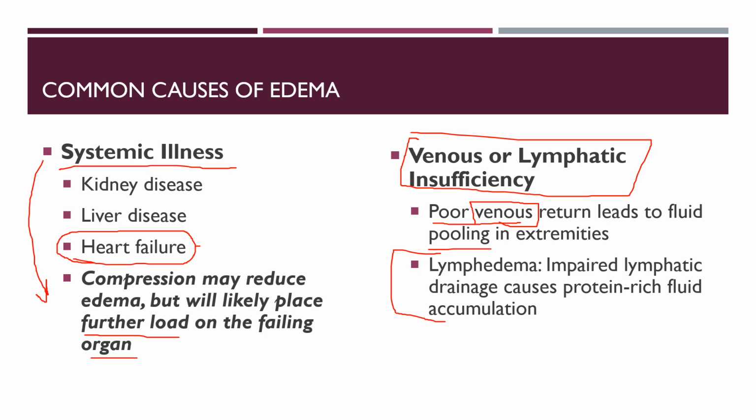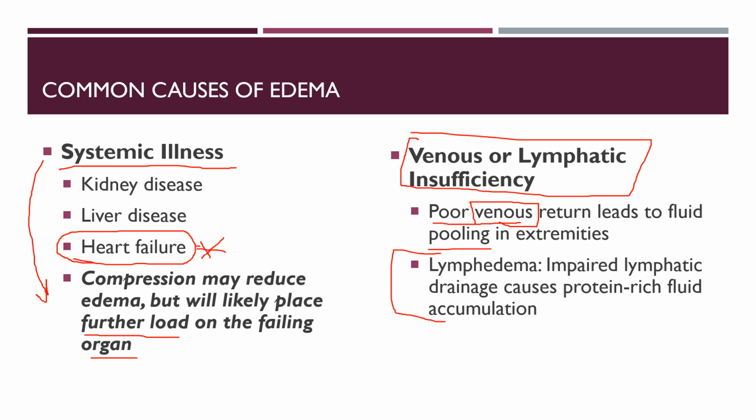So if our heart is already really insufficient at cycling all of this fluid through the system, and we're pushing more fluid up more proximally to it, it's going to overload the heart even more. So whenever we see edema we're going to definitely focus on this one as well. With heart failure, maybe compression isn't the best modality for that person, okay?